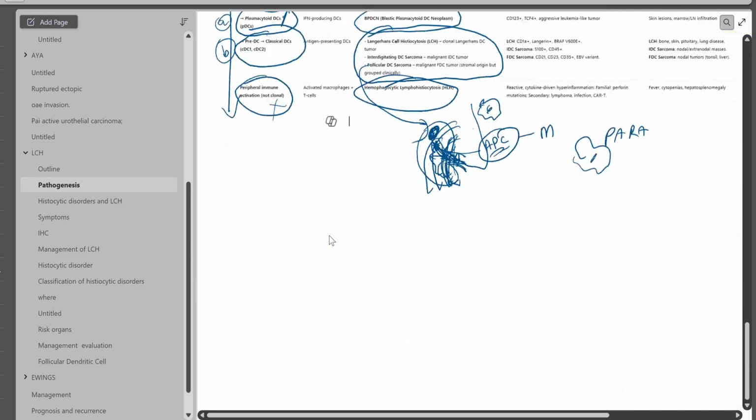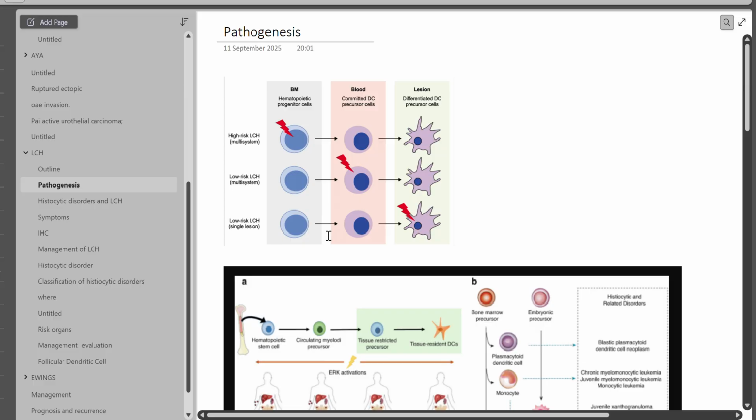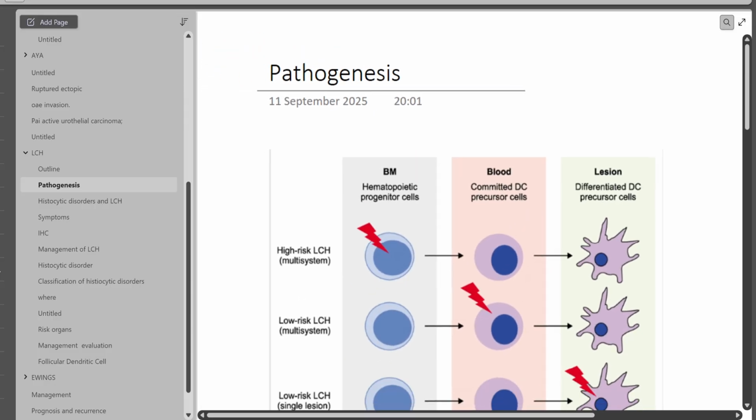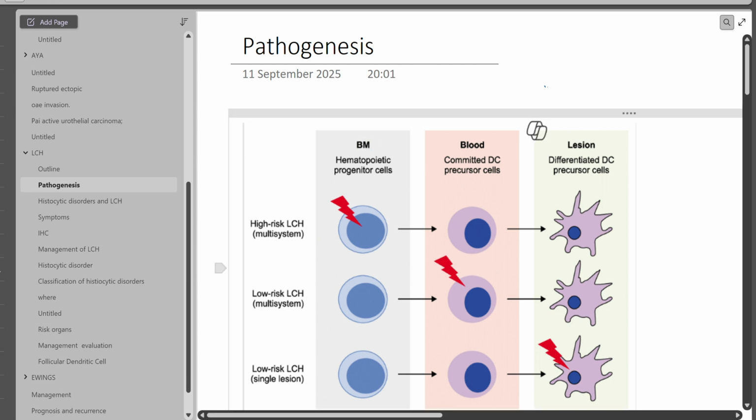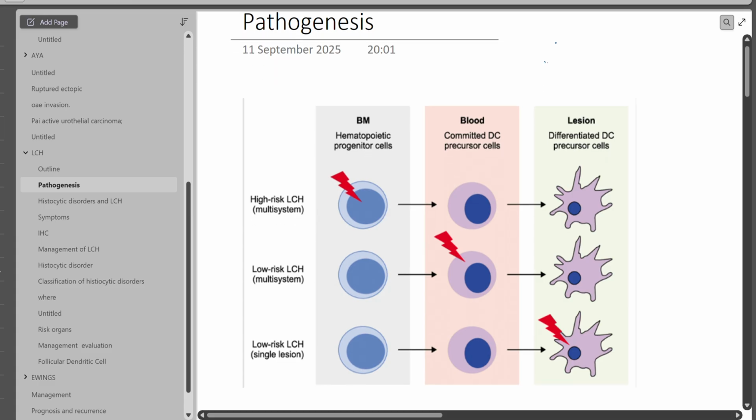Now, in Langerhans cell histiocytosis, you need to understand that it is coming from the bone marrow, then going to the blood, then going to the target organ, like the liver, for example, or any target organ. So it depends on which stage you get the hit.